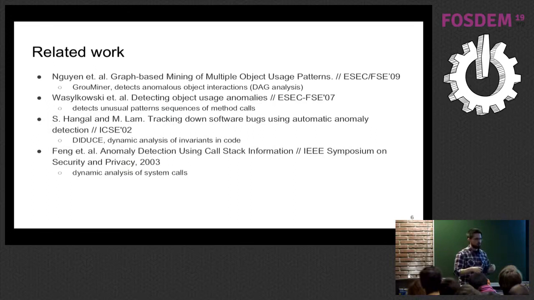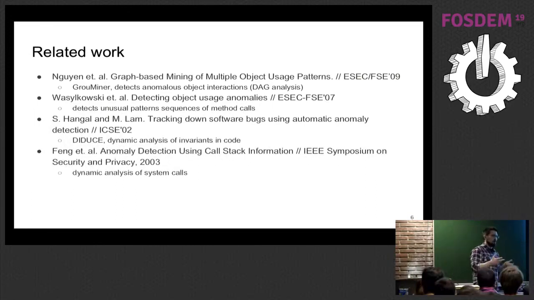It takes the code, builds a directed acyclic graph that features constructor and method calls and their dependencies, and tries to apply graph anomaly detection techniques to find atypical areas in this graph. The second one uses a somewhat similar idea, but they build usage models of objects using their sequences of method calls. And they also apply graph-based anomaly detection techniques.